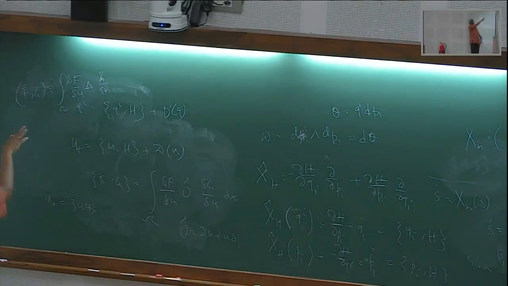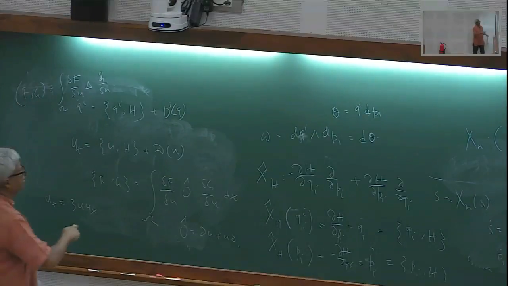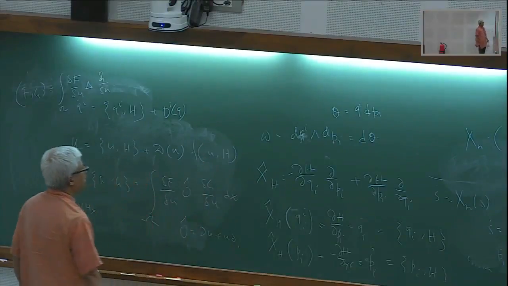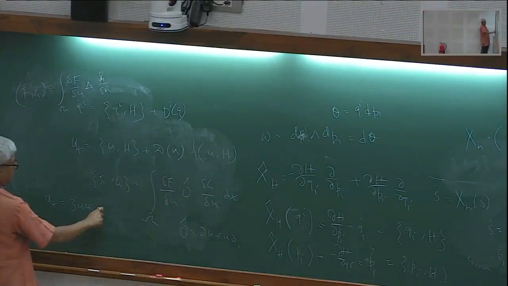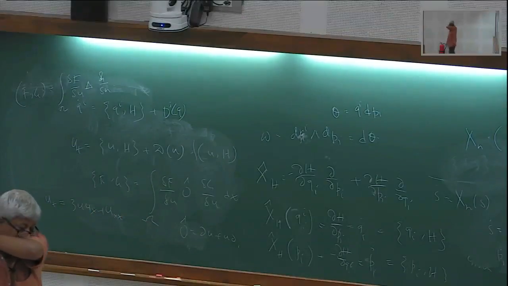If you do this simple calculation with u and h, you call it u and h symmetric, it will give rise to uxx. That's your Burgers equation.